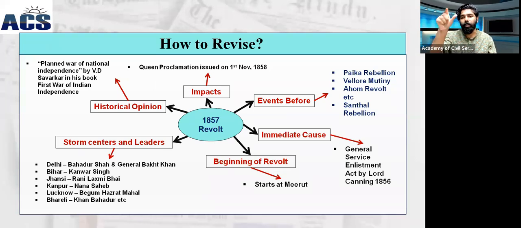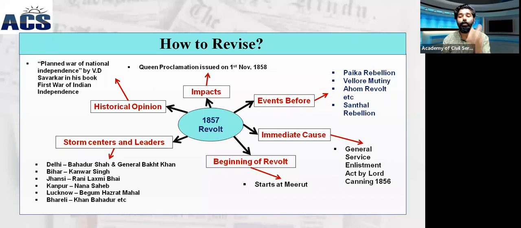You just have to focus on what the events were before the 1857 revolt. We have studied the Paika rebellion. You get to know the timeline: Vellore mutiny, Ahom revolt, Santhal rebellion. These events that happened before 1857 are relevant this year. You can go through them and check the data. What was the immediate cause of the 1857 revolt?